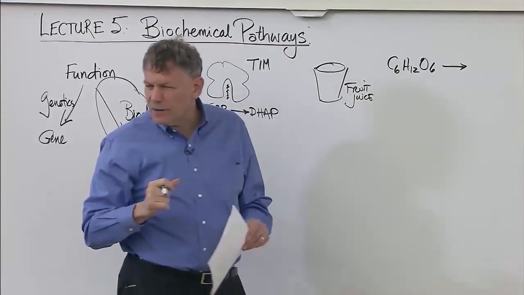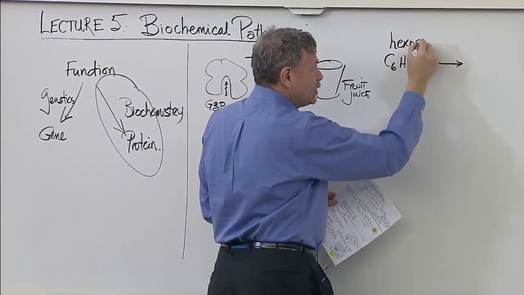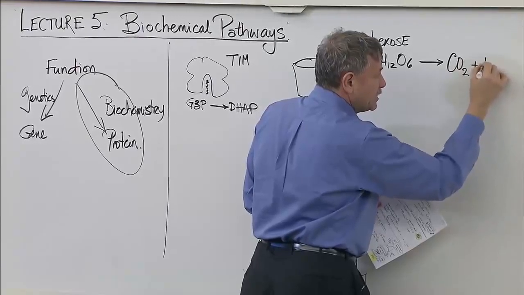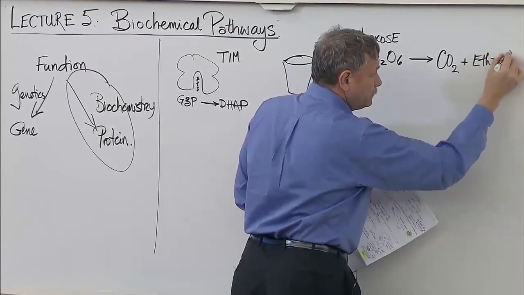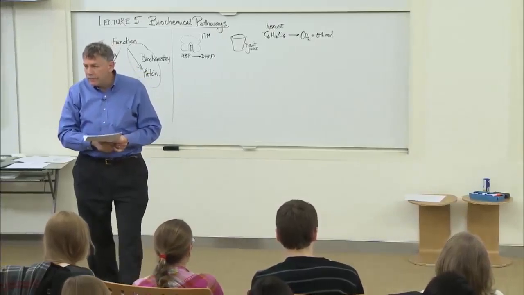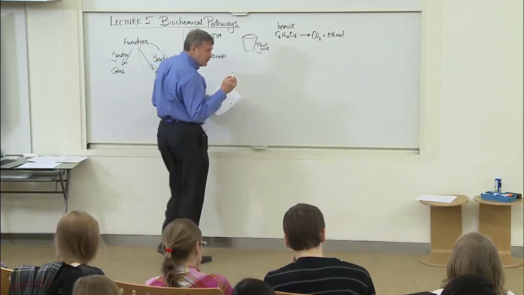We call a 6-carbon sugar a hexose. It's going to ferment this hexose into carbon dioxide plus ethanol. How does it do that? Does it do that in one magic step? No. It turns out it does it via a pathway of steps.